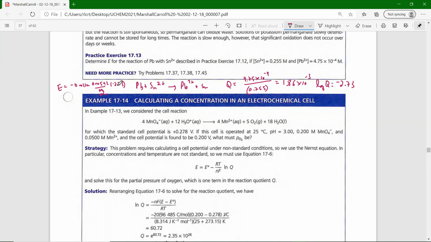So negative 0.011 plus 0.0592 divided by 2 times 2.73 is 0.07 volts. Okay.